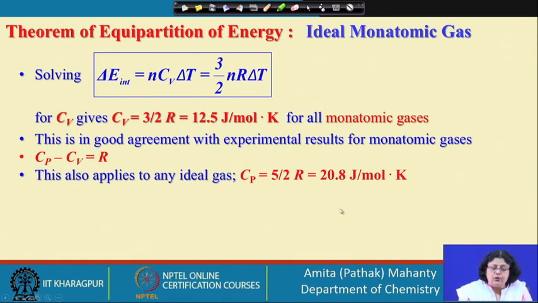This applies to all ideal gases. Cv is a response function, so we can measure it, and from the measured value of Cv we can see the internal energy change.